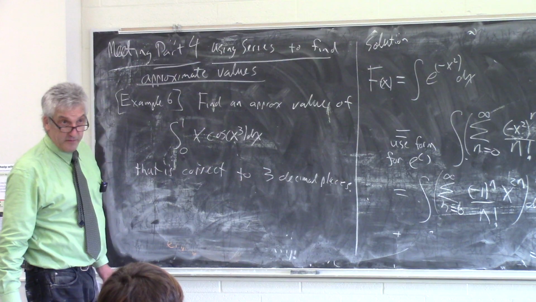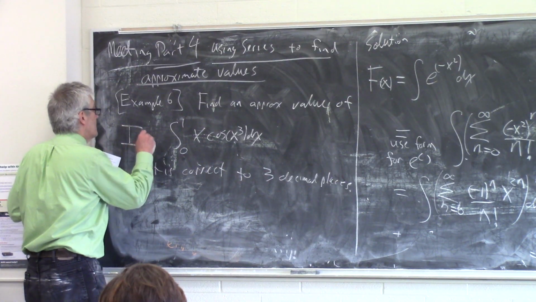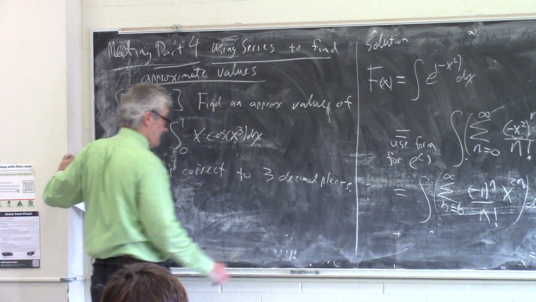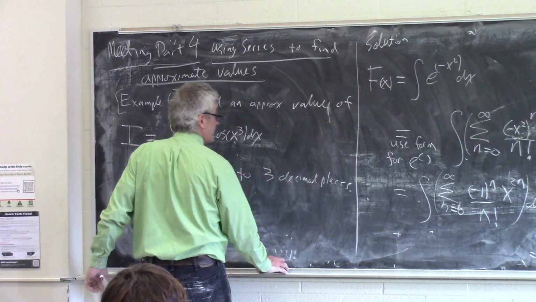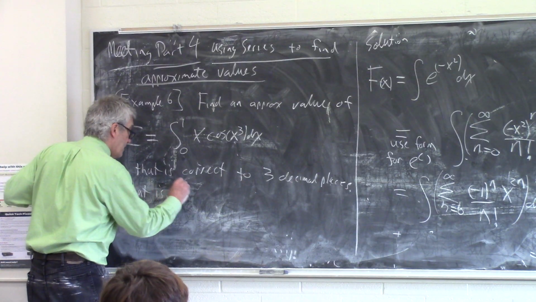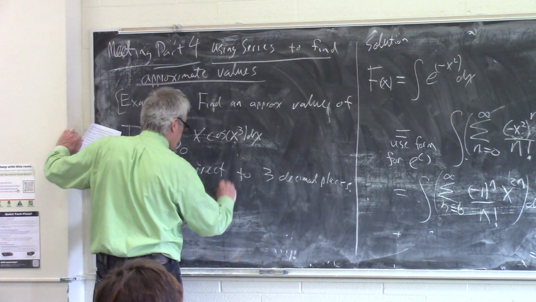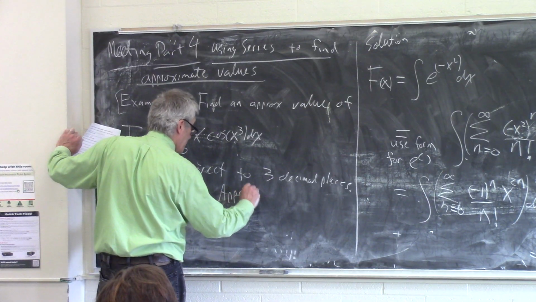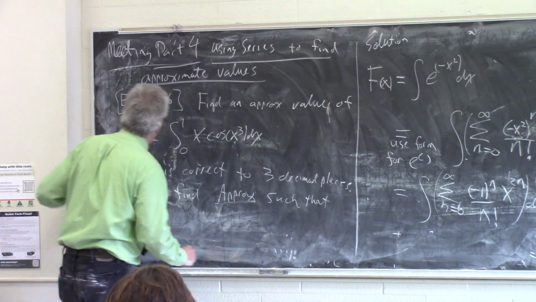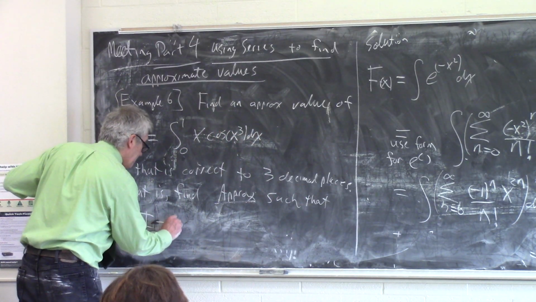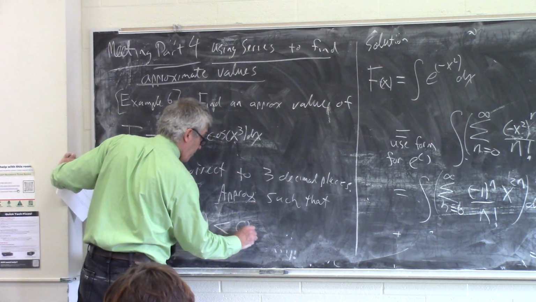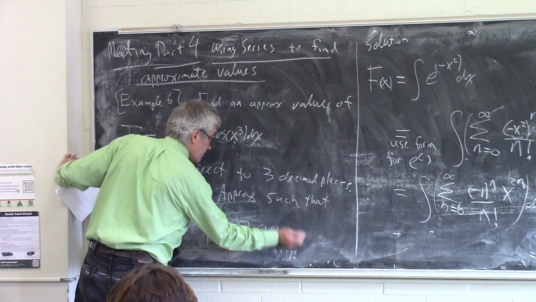Now, I'm going to make a name for this. I'm going to call this capital I for integral. So what we're really trying to find is an approximation such that the absolute value of I minus the approximation is less than 0.000001.